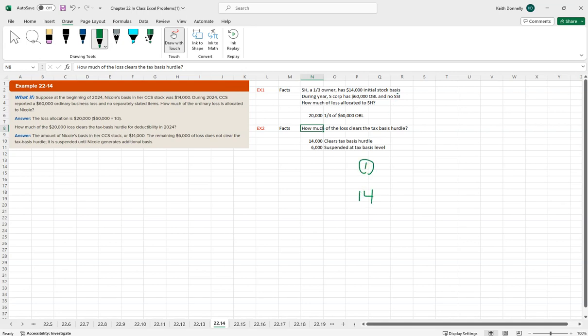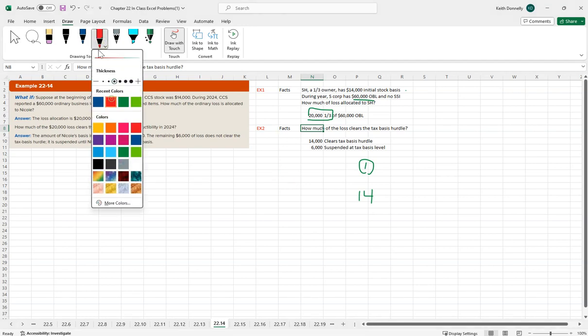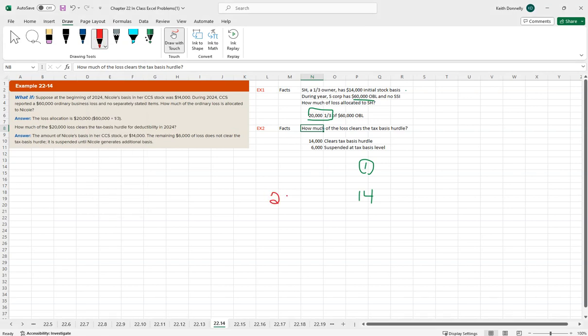That's hurdle 1. It says there's a $60,000 loss, and 1/3 of that loss is going to flow through to the shareholder. What's going on here? Well, we have a $20,000 loss. It hits the first hurdle, the tax basis. In this way, 14 is going to clear and 6 is going to be jammed up until later on.